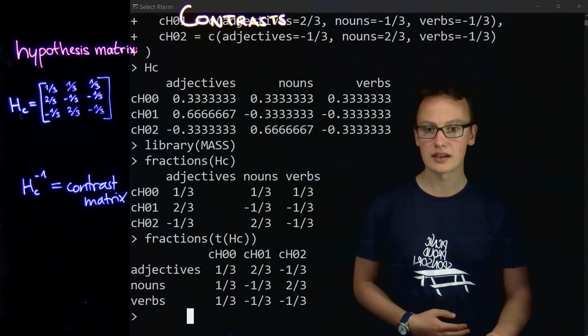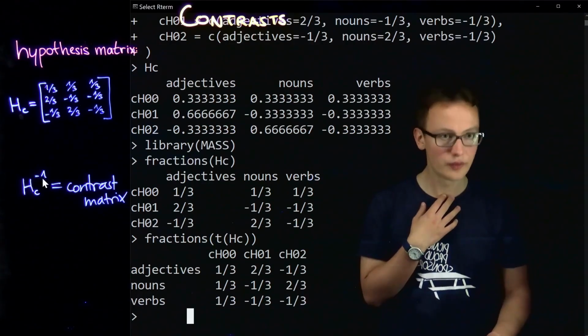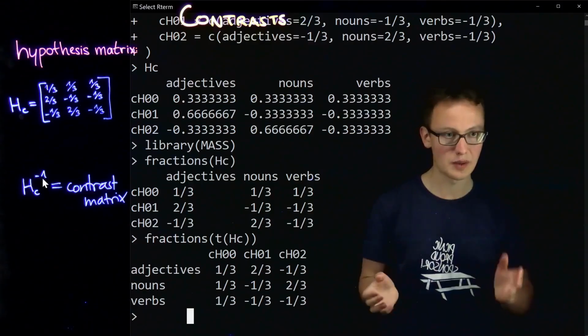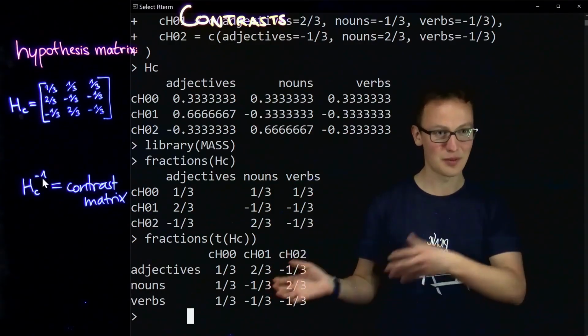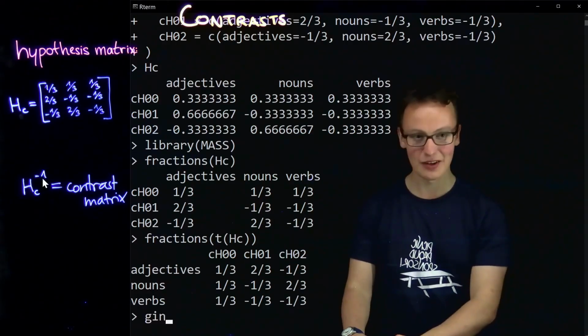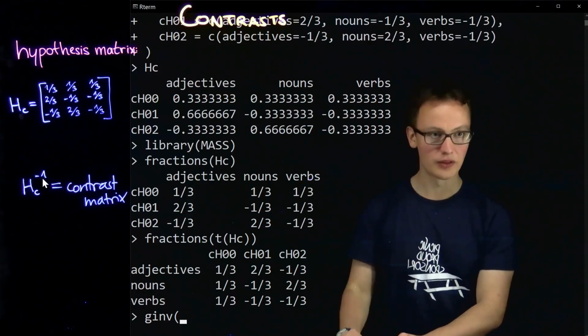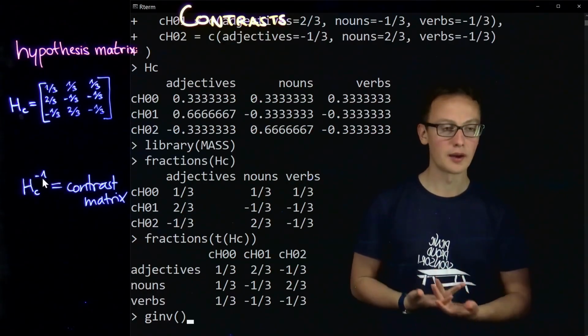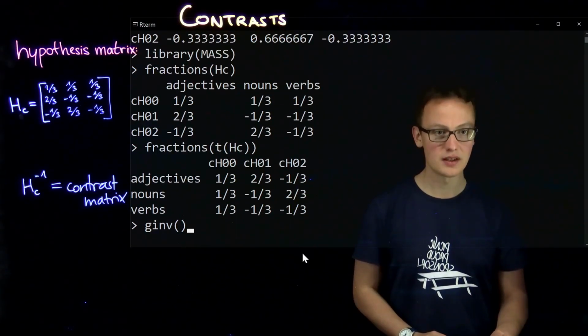Now, as I just mentioned, we can compute the inverse, or in case of a non-square matrix, the generalized inverse, which for a square matrix is also the normal inverse. So in any case, the generalized inverse of this matrix gives us the contrast matrix that corresponds to testing exactly our specified hypotheses.